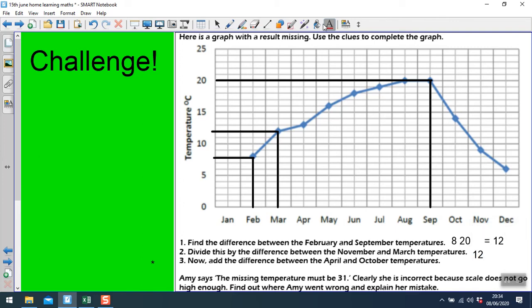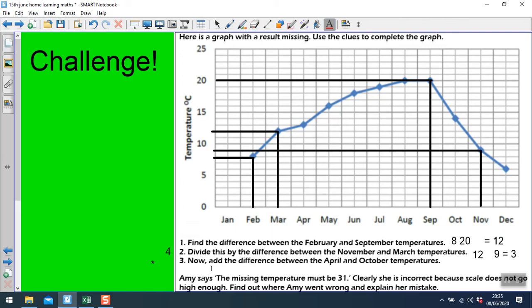November is 9 degrees. So the difference between 12 degrees and 9 degrees equals 3 degrees because we have to do a takeaway. So we've got to divide this difference by this difference. So 12 divided by 3 equals 4.